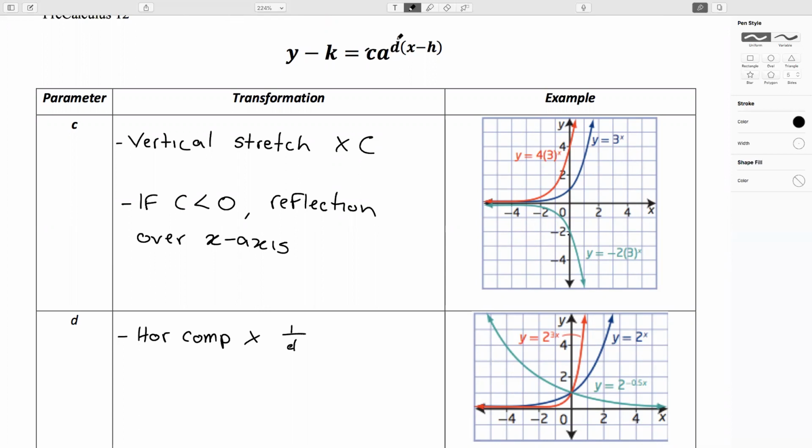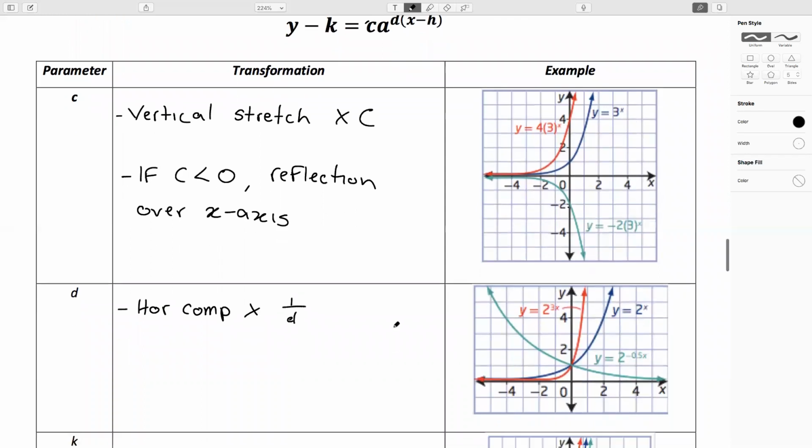If this number is a negative, though, remember, it's going to be a reflection, just like we saw with C. If we replace x with negative x, though, instead of flipping over the x-axis, we flip over the y-axis. So if d is less than 0, then this is a reflection over the y-axis.